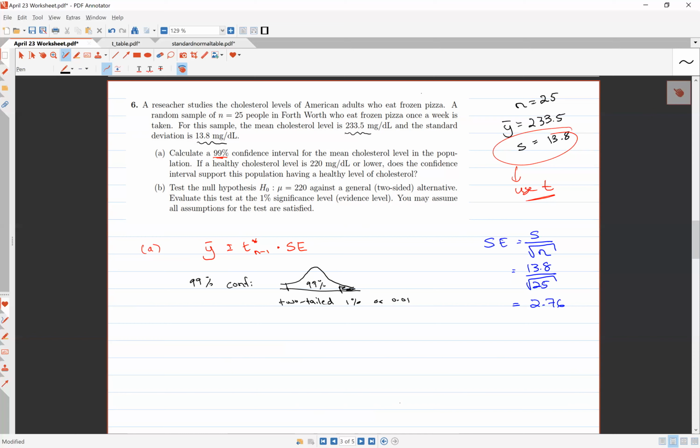That's how much is left in the two tails. And remember, degrees of freedom will be sample size minus 1. So we need to go to our t-table, use 24 degrees of freedom, and either look up a two-tailed value of 0.01 or a 99% confidence level.